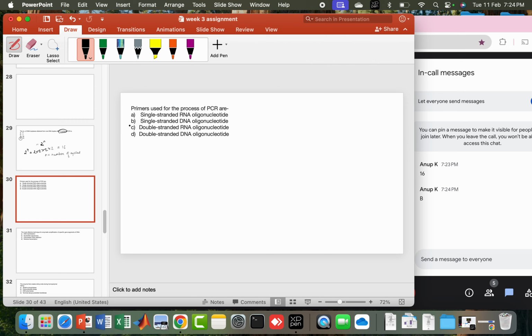Yes, the answer is B, single-stranded DNA oligonucleotide. We don't use RNA primers because they are pretty unstable. RNA is less stable than DNA, and DNA primers are much more efficient than RNA primers, so we use DNA primers. Okay.